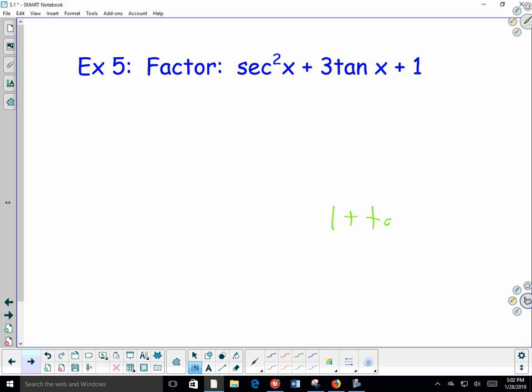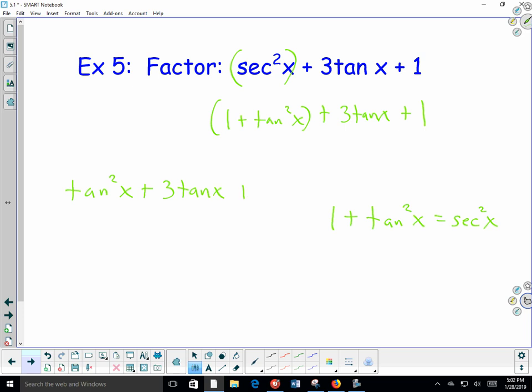So in this case, I would replace this secant squared x with 1 plus tangent squared x. If we do that, then we're going to be left with only one trig function in this expression instead of two.